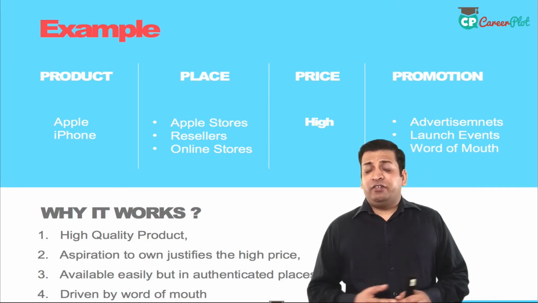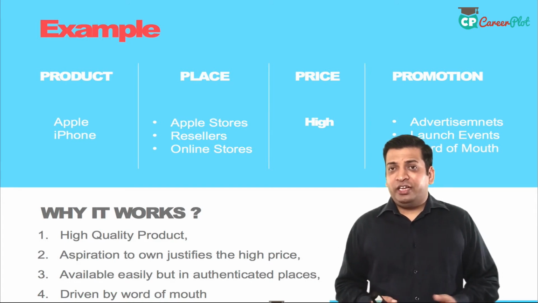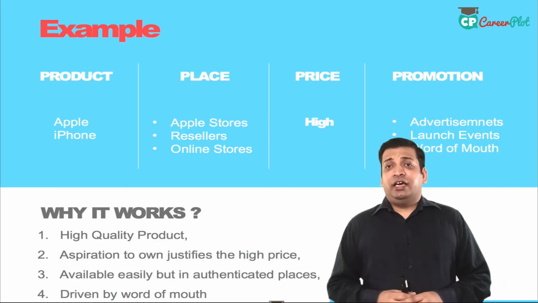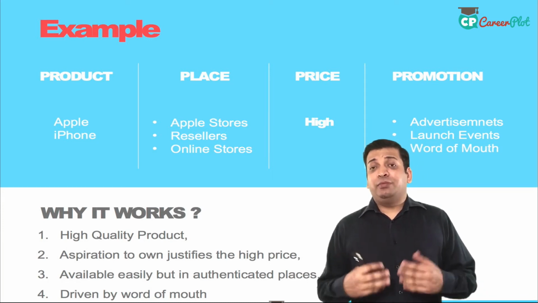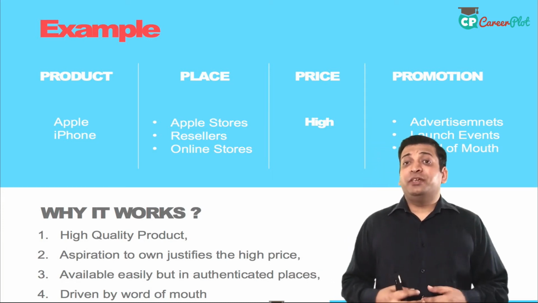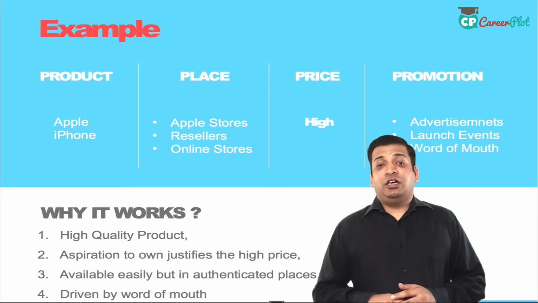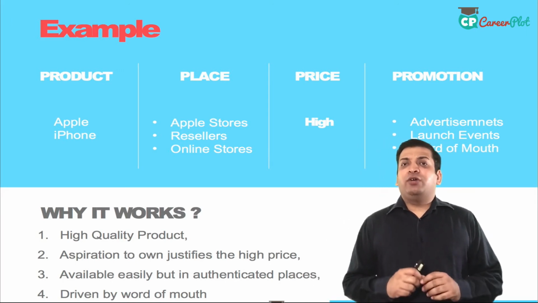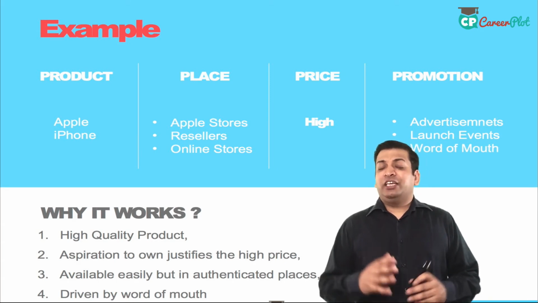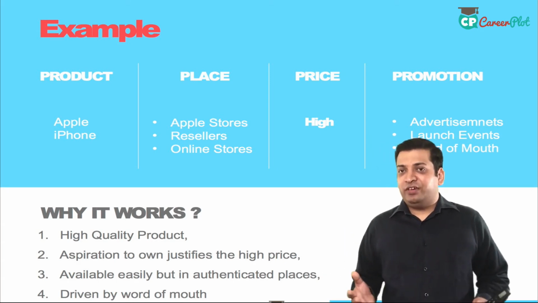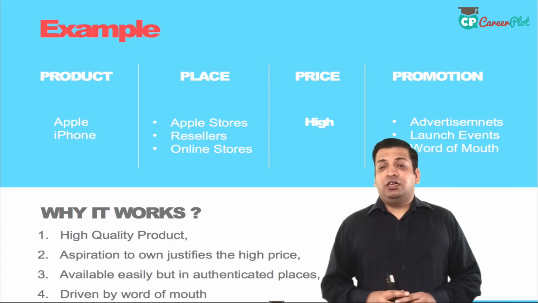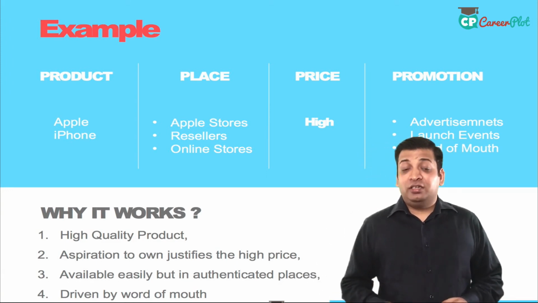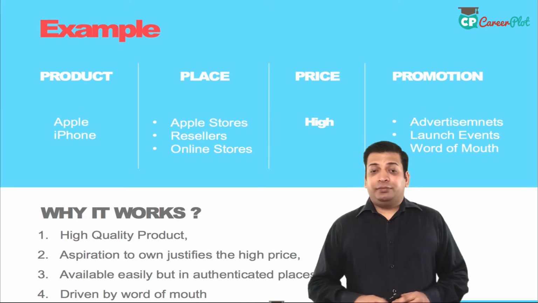Apple does not advertise too much online because they know that they have to reach the mass media, and in the mass media, TV or newspapers are the best medium to reach a large population. And it works because of the high quality product, and of course aspiration has always been one of the biggest justifications for Apple, because that's how they have positioned their product, right?